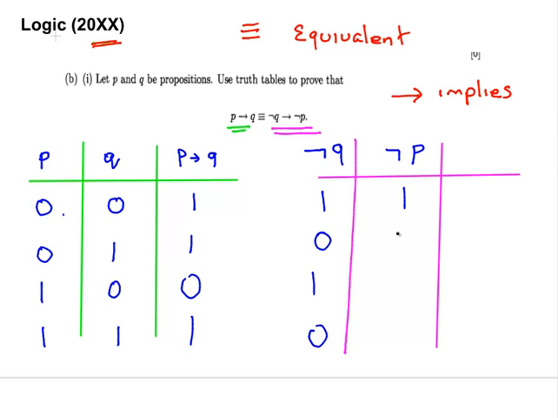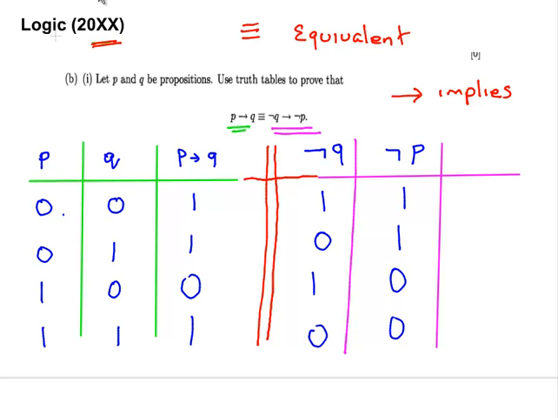And a 1 here. 0 and 0. So, not P and not Q. Actually, as I said earlier, you can combine them, but to show that you're doing two different operations, probably put a double line down the middle, just to show that it's a continuation in some respects, and that the rows are equivalent to each other.